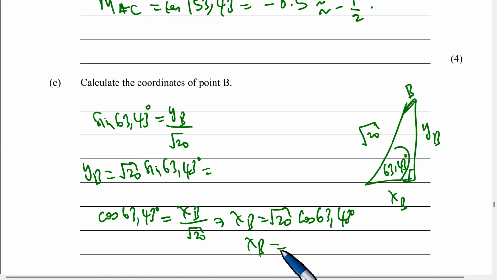Okay. We are finishing. So which means at this point, we're going to take the square root of 20. Right, so we have the square root of 20 times the sine of 63.43.